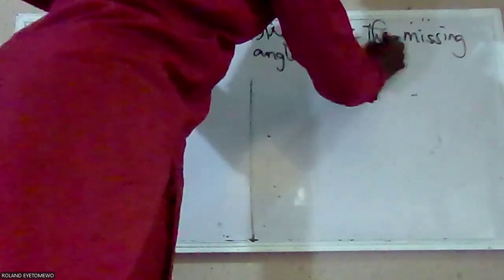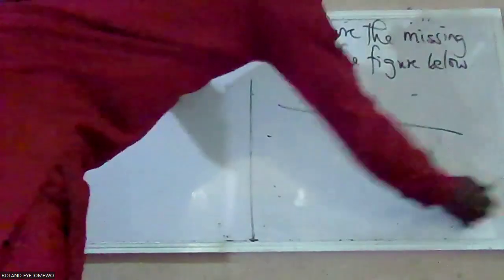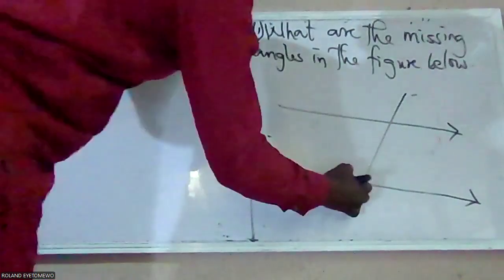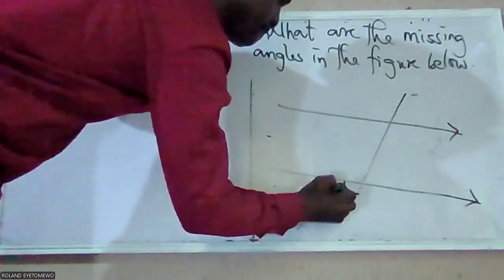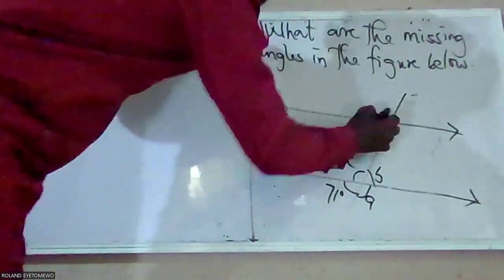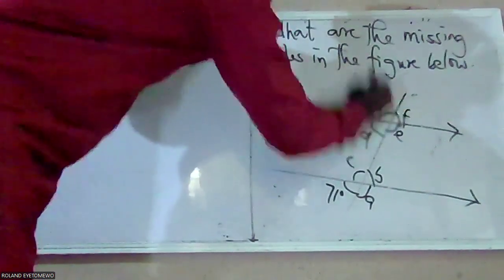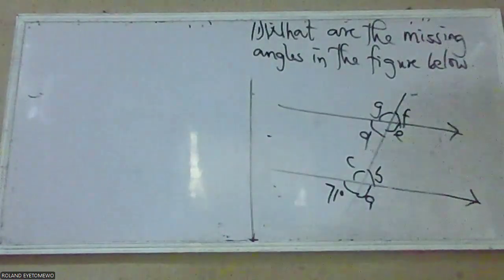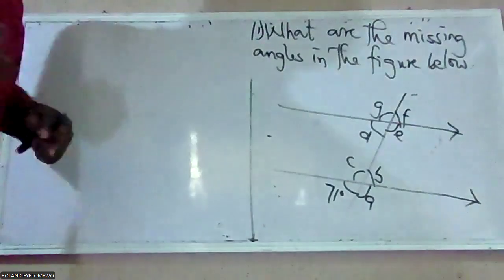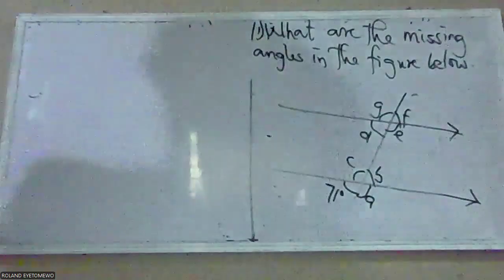A figure below. The missing angles in the figure. So, figure below. Here is 71 degrees. We don't know what angle this is. We're going to solve them now.